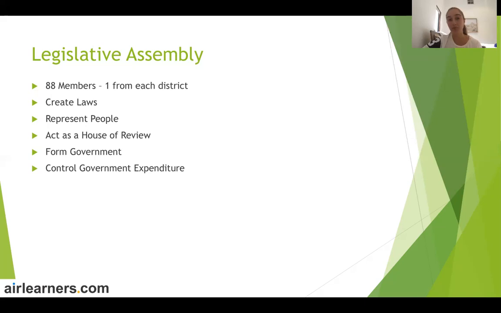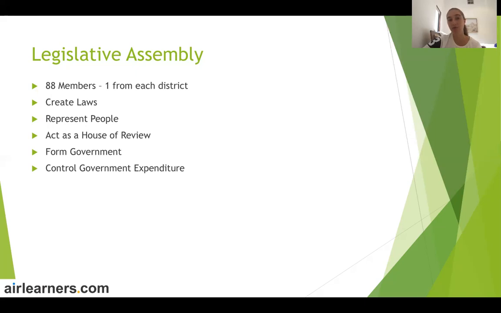And again, everybody from each electorate, from each district, elects one representative, and they make decisions on our behalf. So they have to create laws which are representative of the people and reflect the views and values from the people from that respective district that they represent.